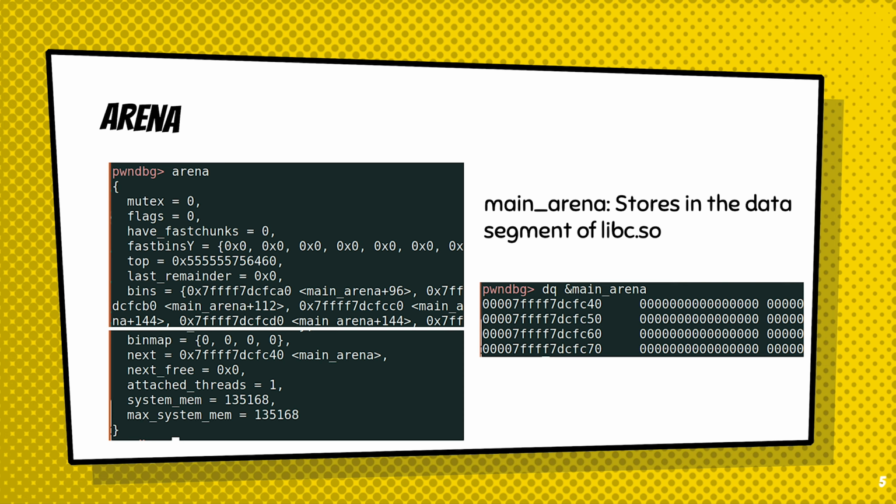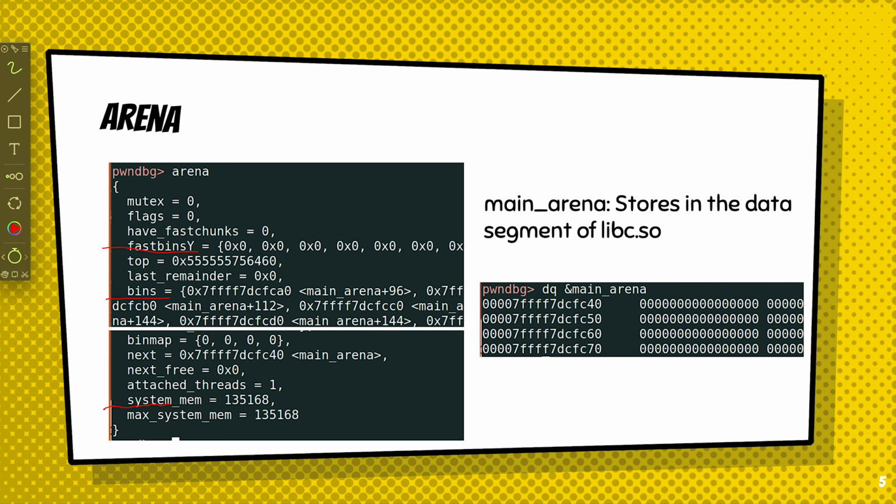If you're using pwndbg, you could just type arena in order to get all the fields, such as fast bins, those bins, and then the current size of the heap.